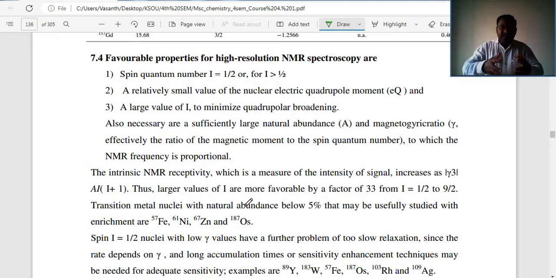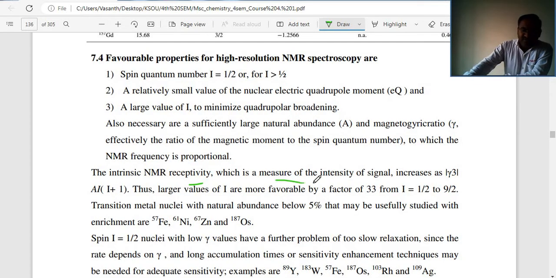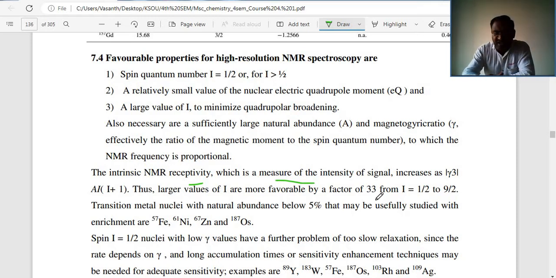The intrinsic NMR receptivity, which is a measure of the intensity of signals, increases with larger values of I, which are more favorable by a factor of 33 from I equal to 1/2 to 9/2.